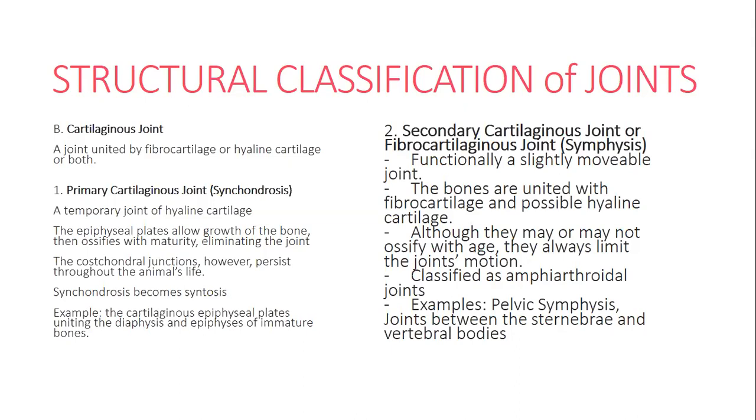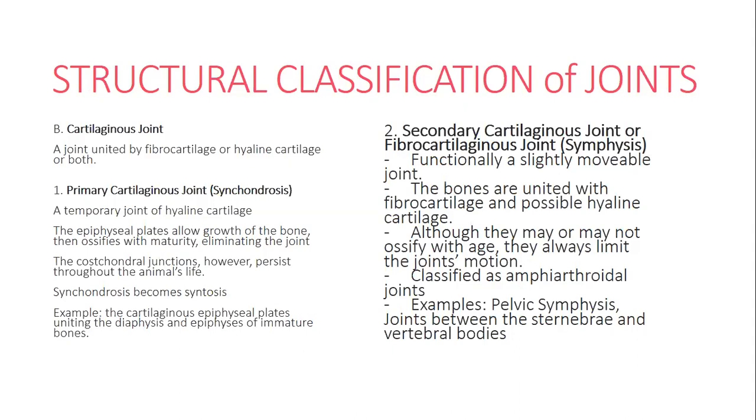Synchondrosis is a temporary joint made up of hyaline cartilage. Examples of this are the epiphyseal plates, which allow growth of the bone, then ossify as the animal matures, eliminating the joint. You also have the costochondral junctions. However, this one will persist throughout the animal's life. So synchondrosis will eventually become synostosis.